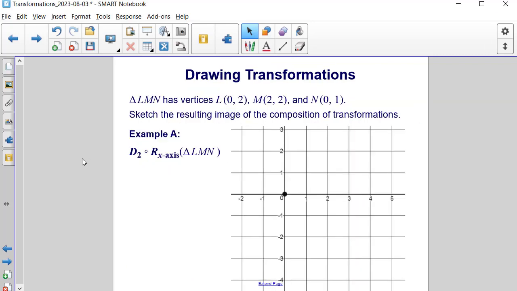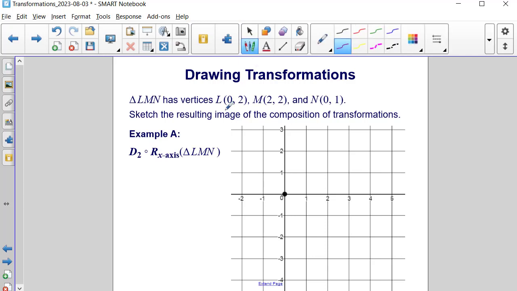Let's try another example where we are drawing similarity transformations. Triangle LMN has vertices with point L being at (0, 2), point M being at (2, 2), and point N being at (0, 1). Sketch the resulting image of the composition of transformations. We're going to dilate the triangle after reflecting it across the x-axis.